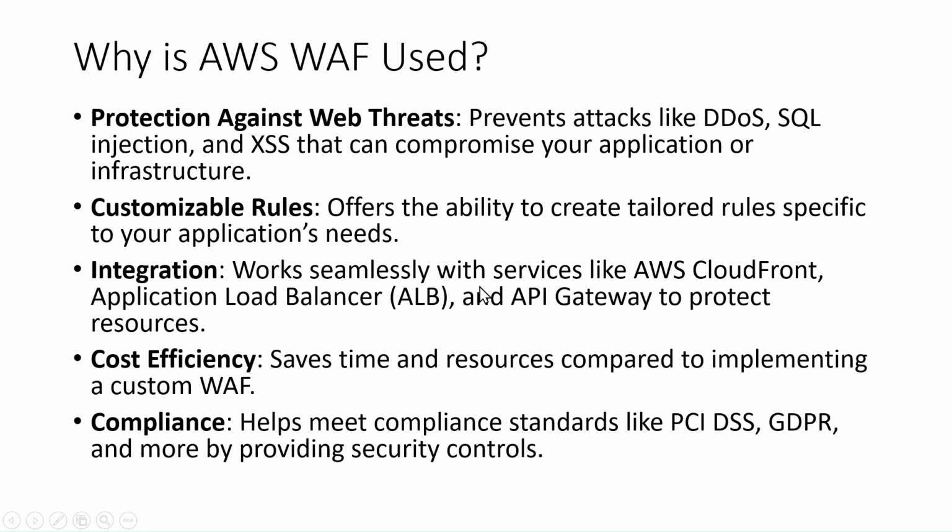It works seamlessly since we will be using it within the AWS ecosystem, so we can integrate with other AWS services. If you're going with edge locations, you can use CloudFront. If you're using EC2 and deploying your application through a load balancer, you can use the load balancer. Or if you deploy on Lambda, you can integrate with API Gateway. Next is cost efficiency.